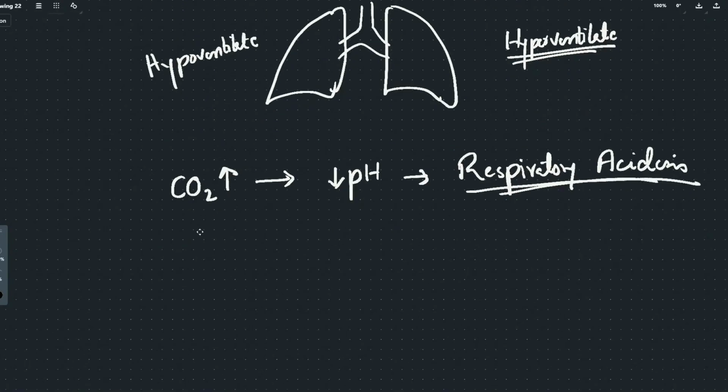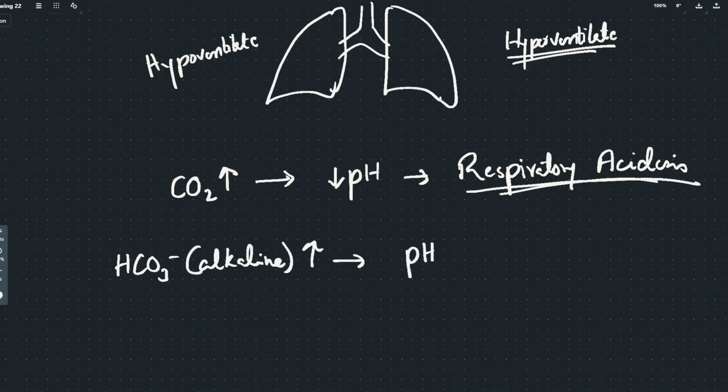Okay, let me explain this. If HCO3 negative, which is the alkaline conjugate base, increases, what will happen to pH? Will it increase or decrease? pH will become alkaline. It will increase because this is the alkali reserve.